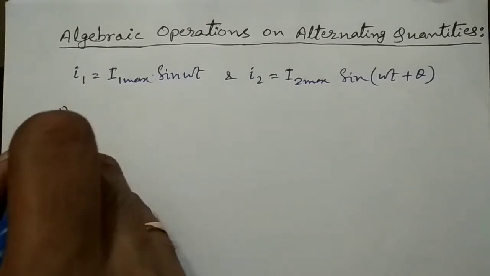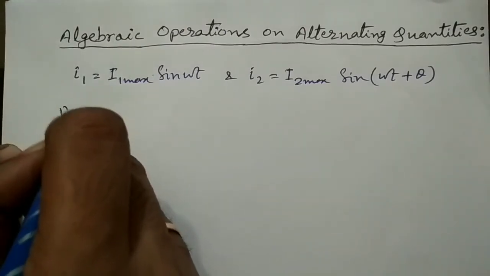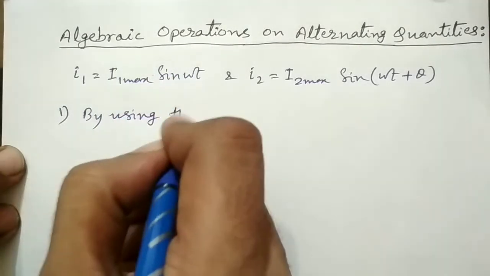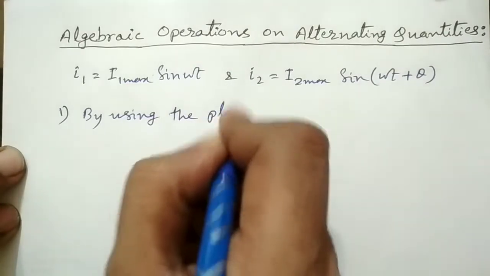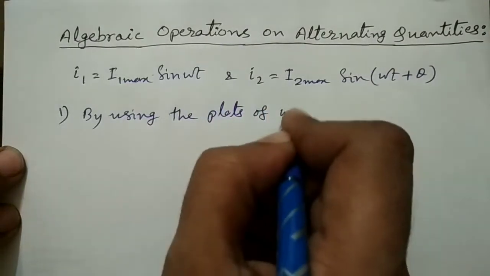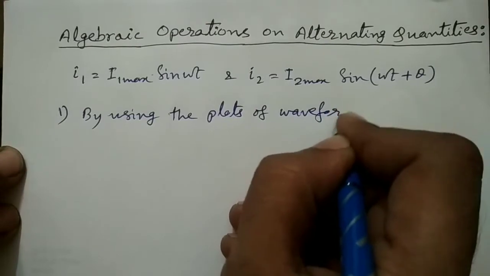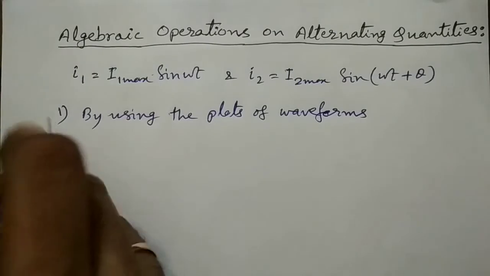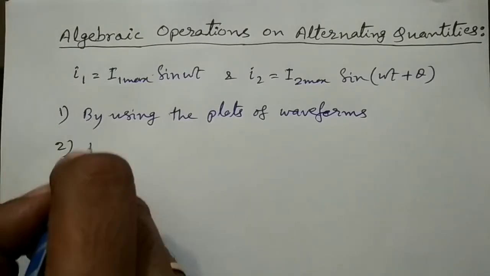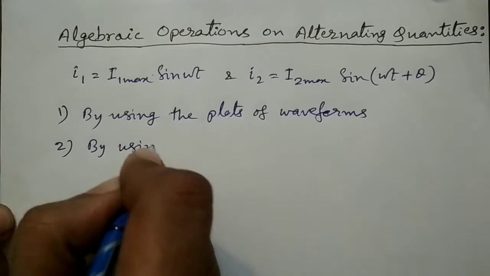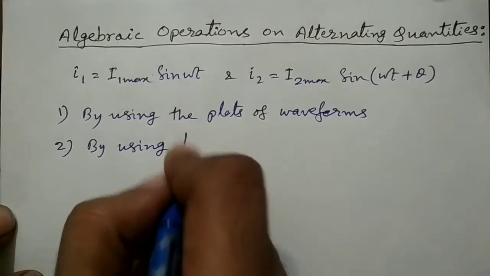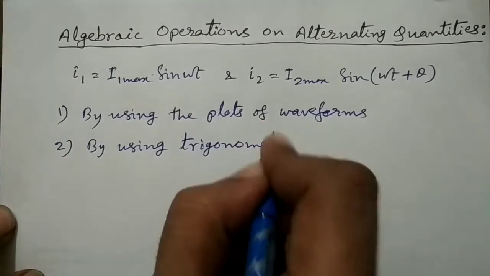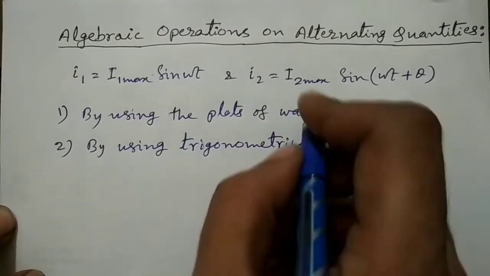So the methods are either by using the plot of the waveforms. The second option is by using trigonometrical identities.